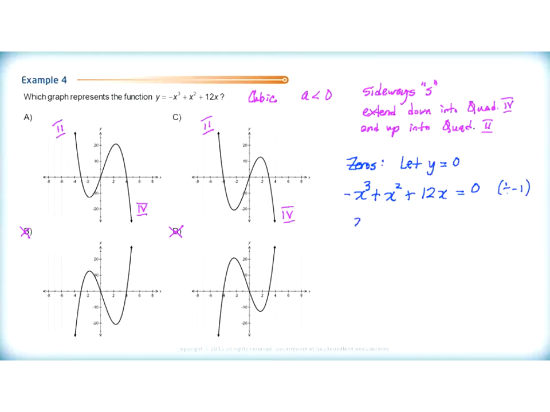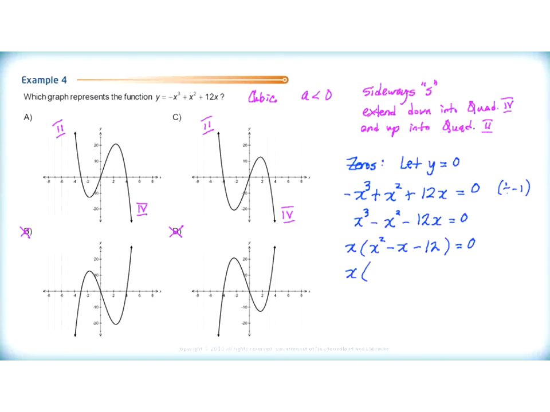When we do that, we have x cubed minus x squared minus 12x is equal to 0. You can factor this polynomial by removing x as a common factor, outside of x squared minus x minus 12 equals 0.